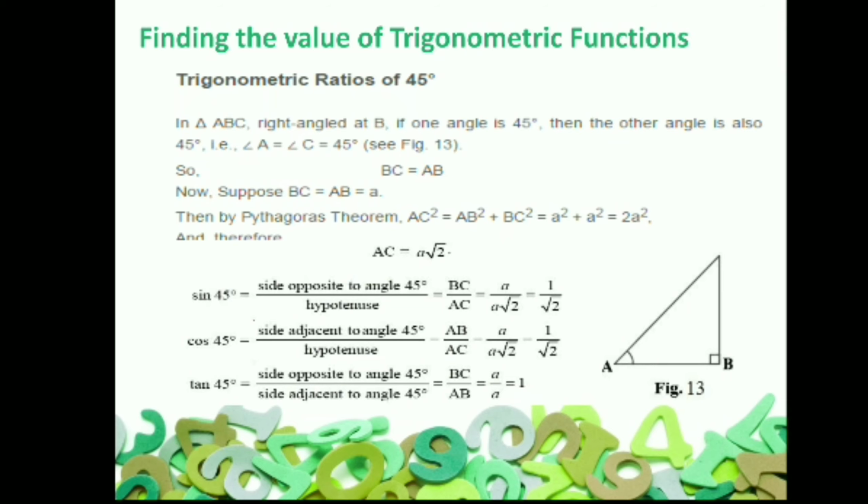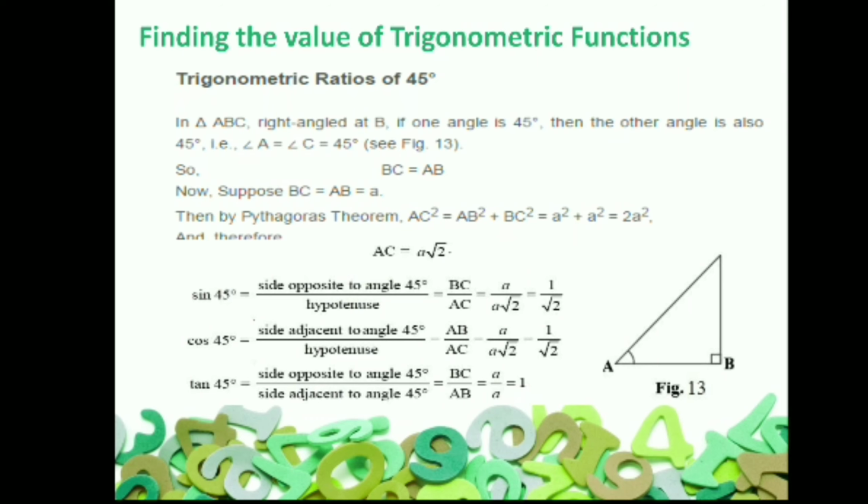Same thing, we want to find the value of sec 45, so sec 45 is the reciprocal of cos 45, so it will also be root 2. And for tan 45, the reciprocal of tan is cot, so cot 45 is equal to 1. So by that we can find out the values of all 6 ratios for 45 degree. Okay, so it was the first one.